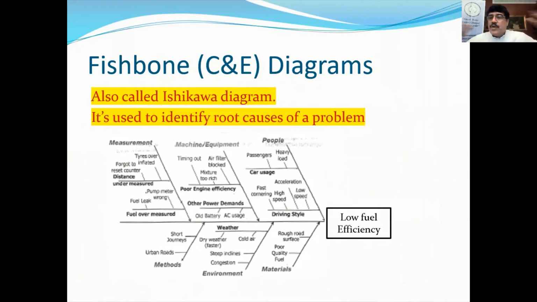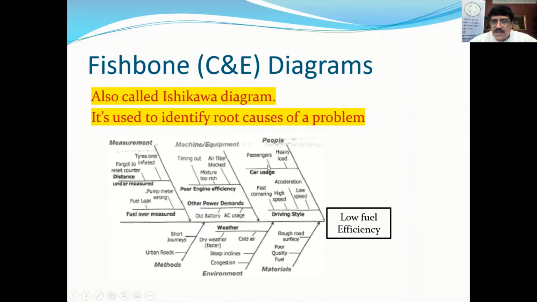Or you could just sit down during the brainstorming and try to list all possible causes that could be happening, for example, leading to low fuel efficiency. Why does this equipment have low fuel efficiency? Is it car usage? Is it driving style? Within driving style, is it low speed? Is it high speed?